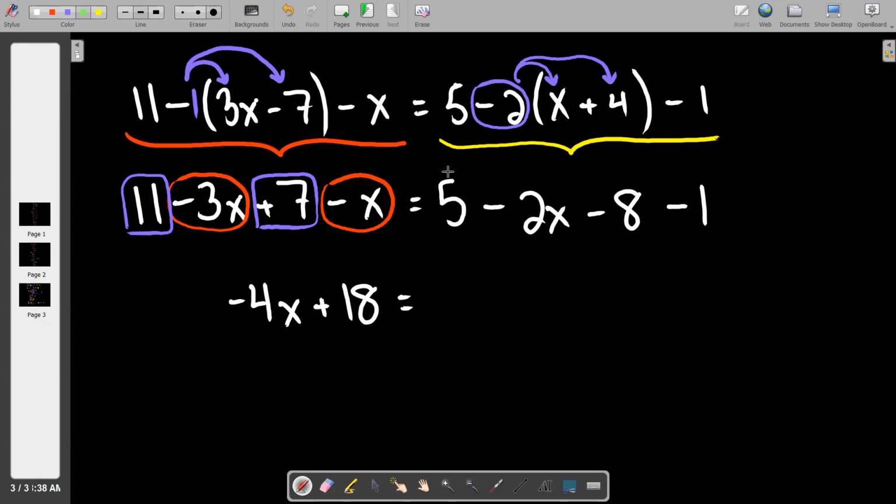Right, good eye. So we've got a boatload of like terms. We got 5 minus 8. What is that? If you have $5 and you want to buy something that costs 8, you have to borrow some money from your friend.